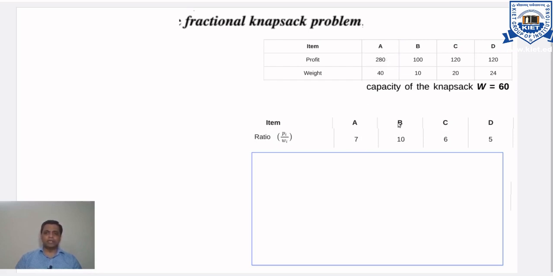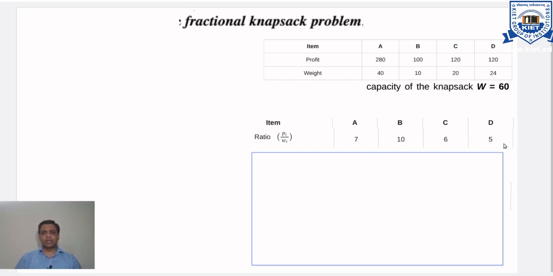Likewise, for item B the unit price would be 10, because the weight is 10 kg with cost 100, let's say rupees. So for 10 kg it is 100 rupees, for 1 kg it's 10 rupees. So simply 100 divided by 10 is 10, 120 divided by 26, and so on.